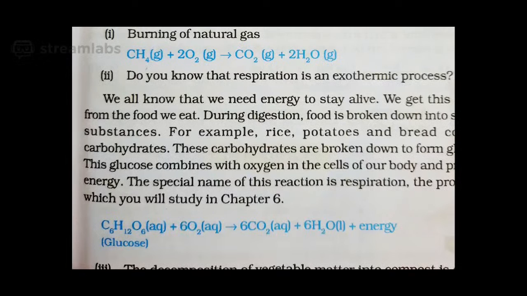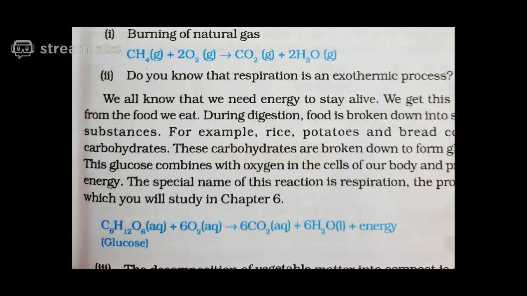Okay, look at these two examples. Methane combines with oxygen to form carbon dioxide and water. Glucose reacts with oxygen, that means it undergoes combustion, to form carbon dioxide and water, with the release of energy and heat. And this is called an exothermic reaction.